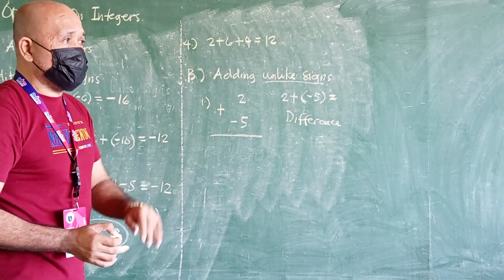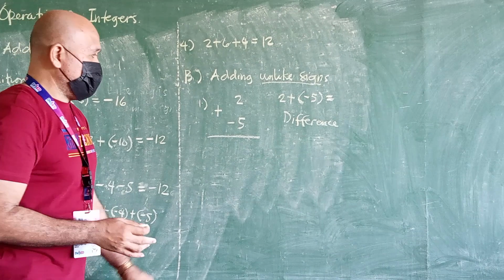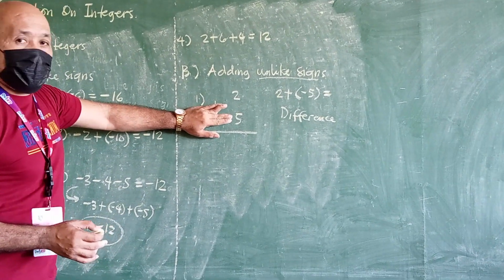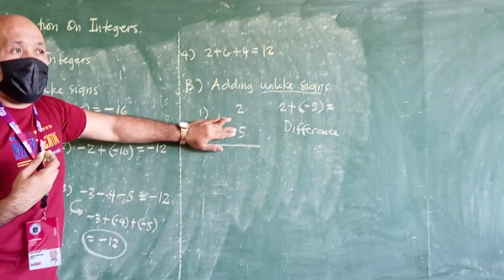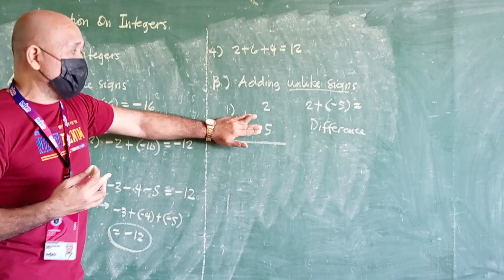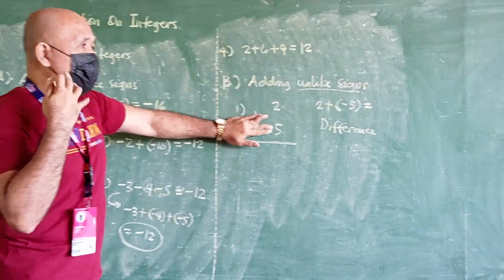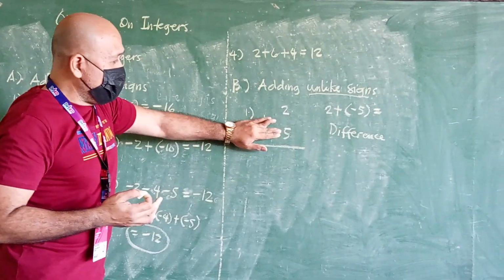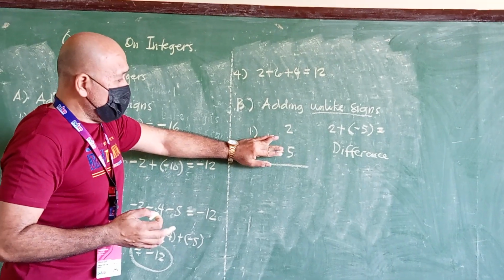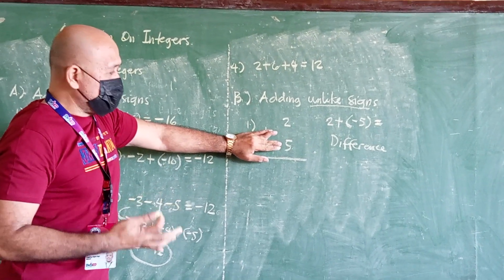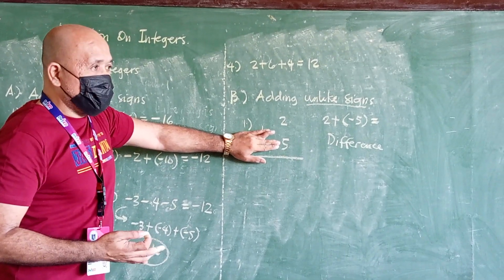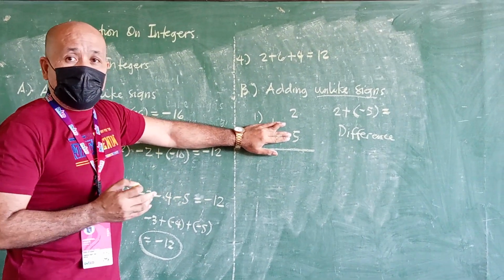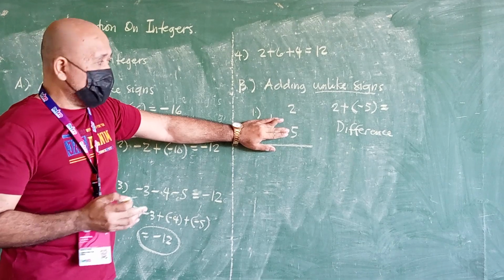So how are you going to get their difference? Just cover up the negative sign. So in this case, you are using the idea of absolute value. You are considering that negative 5 is being expressed as a positive integer, removing the negative sign, because we use the idea of absolute value.